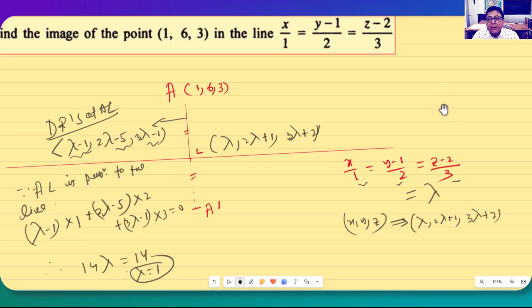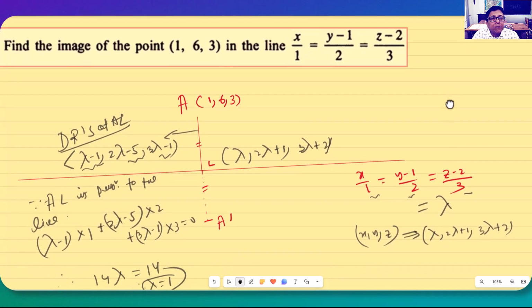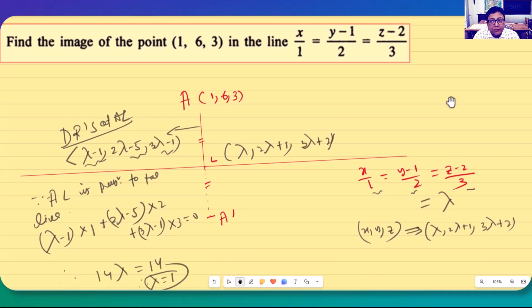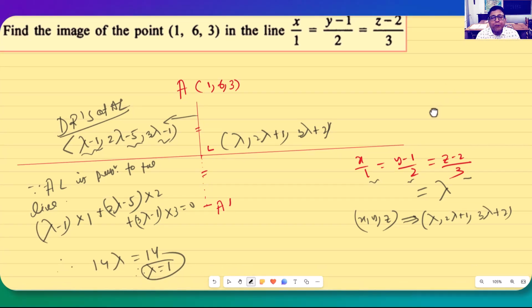Once you get lambda equal to 1, then the foot of perpendicular is found out. This L is going to be 1, 3, 5. Now A dash we take as alpha, beta, gamma.